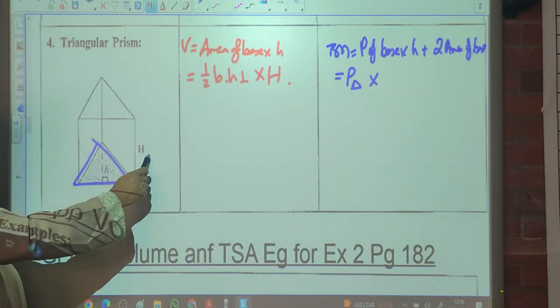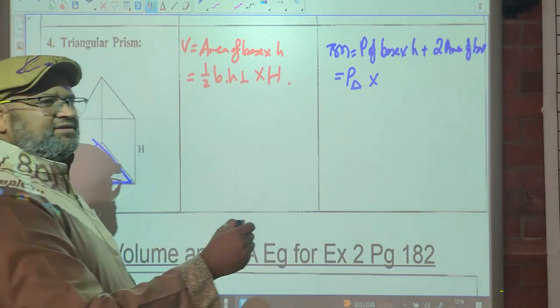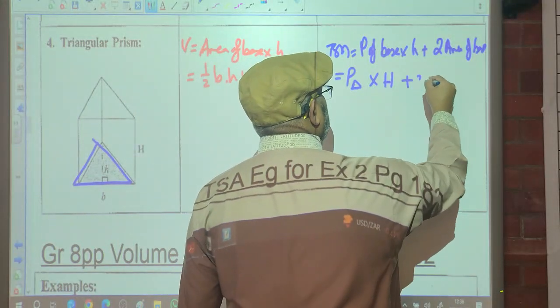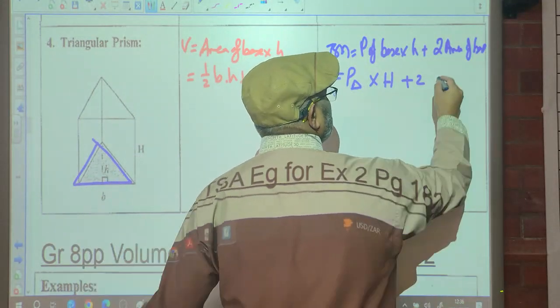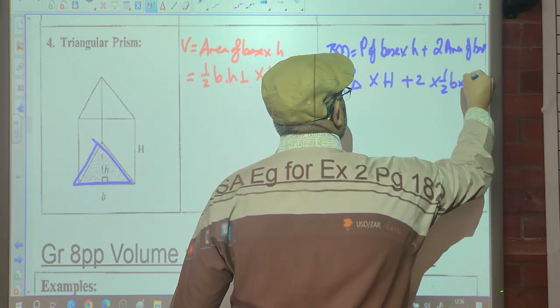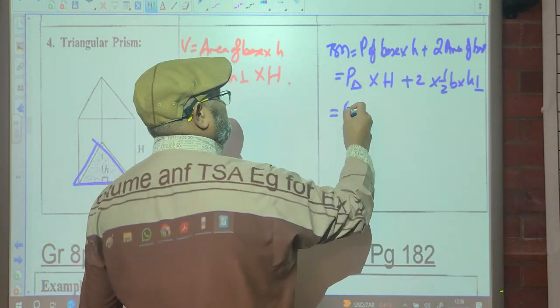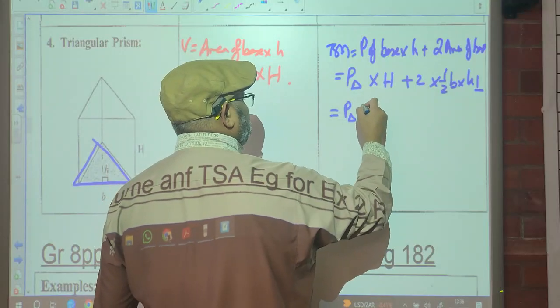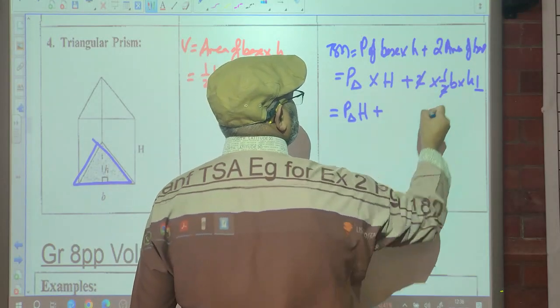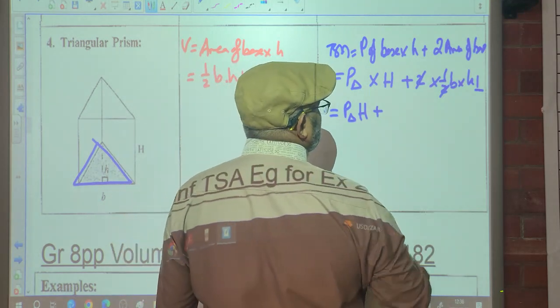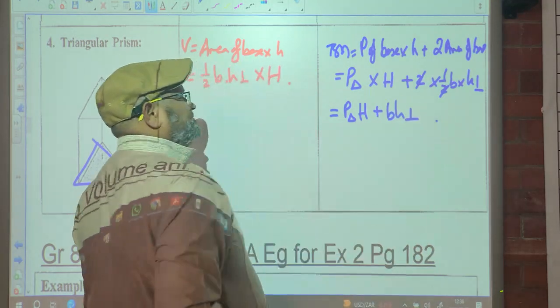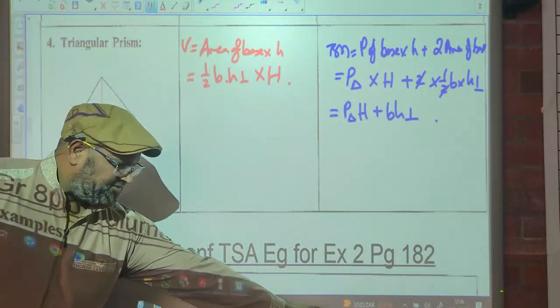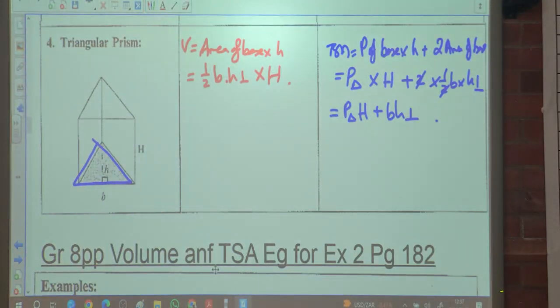Small h or capital H? Capital H, that's the depth of the object. Plus twice the area of this triangle, which is half base times perpendicular height. So it's going to be perimeter of the triangle times height plus half times 2 is 1, so it's going to be base times h perpendicular. Those are the formulas we're going to use in pursuit of calculating the volume and total surface areas of the object. Yes, Michael?